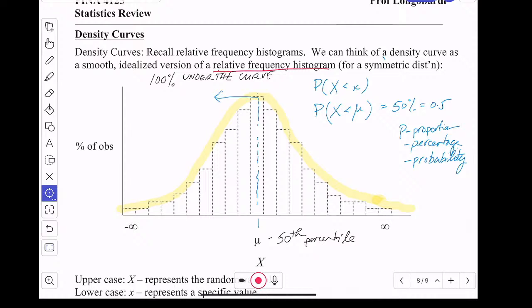And out of the total, it's 50%. So when you see the letter P, it means proportion, percentage, probability. It can also refer to relative frequency, or chance. So it could be all those things.